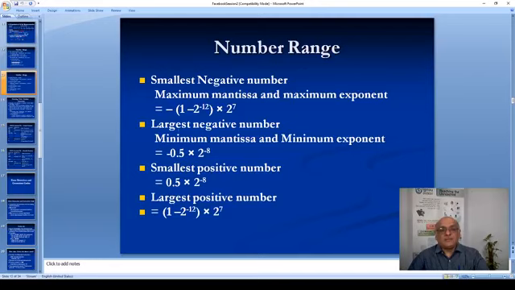Now look at these two numbers, the largest negative number and the smallest positive number. 2 to the power minus 8 is around 1 upon 256. If I divide 0.5 by 256, it will be somewhere around 0.0002. This is the decimal equivalent we are referring to.